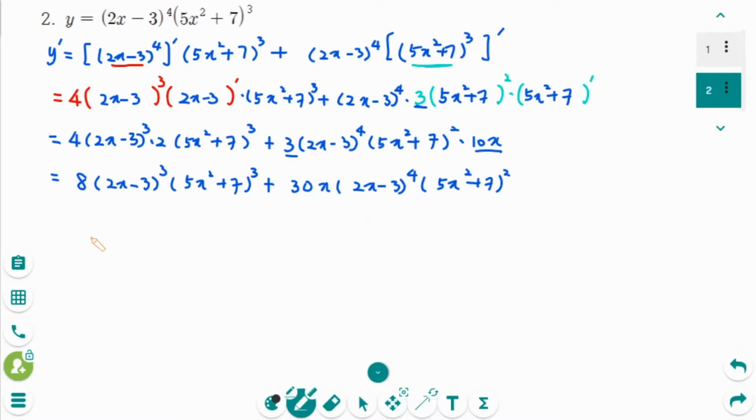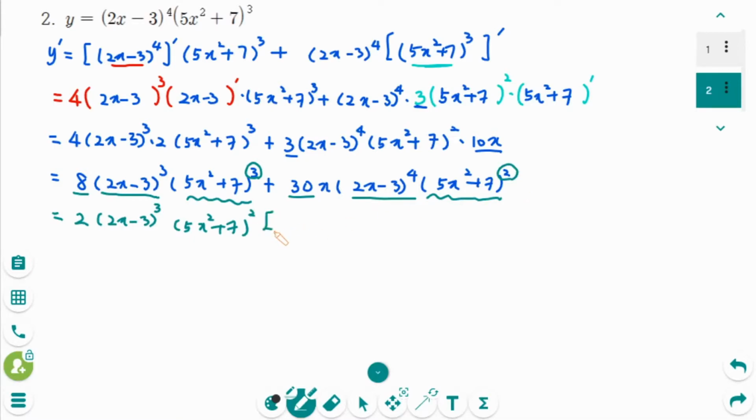Then take out the common factor from 8 and 30, which is 2. For 2x minus 3, one is the power of 3 and one the power of 4, so take the power of 3. For 5x squared plus 7, one is power 3 and one is power 2, so take out the squared. Then 4 times 5x squared plus 7, plus 15x times 2x minus 3.